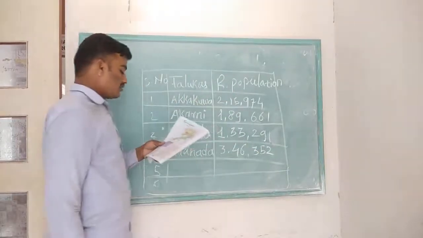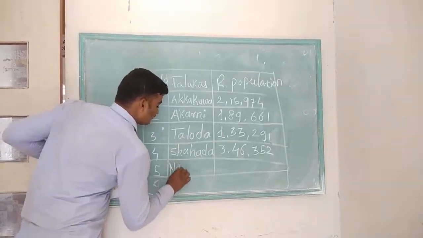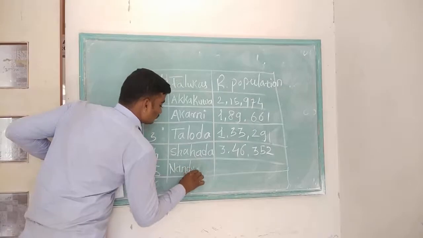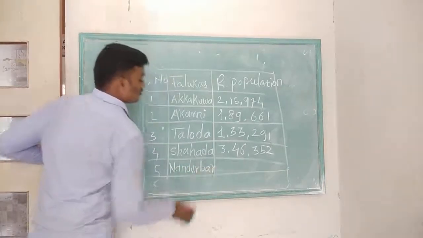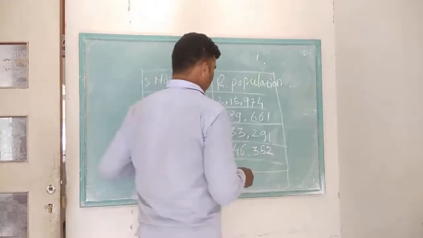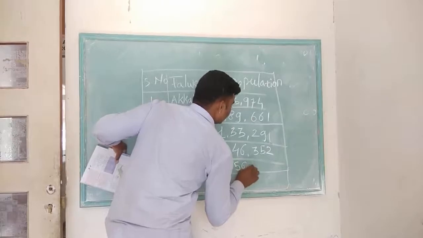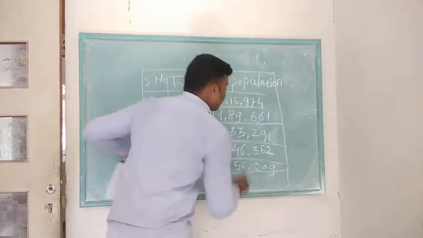Okay, next one, Nandurbar city area, 2,56,209.